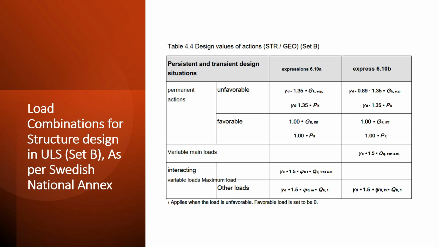So if you are designing for any other country, you have to check their national annexure for making the load combination. The concept you have to take from the Eurocode, but you have to check their national annexure also. If there is no change, then take the coefficient from the Eurocode. Otherwise, if there is any change in the coefficient value in your national annexure, then you have to take the national annexure's value.